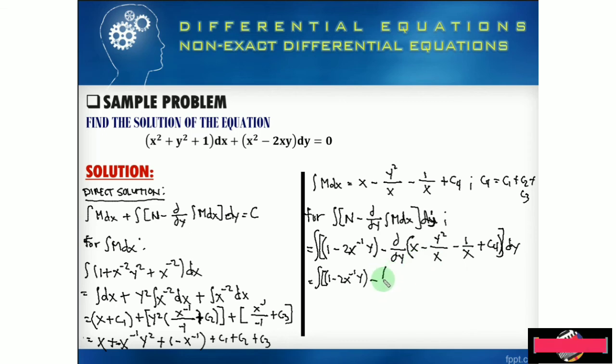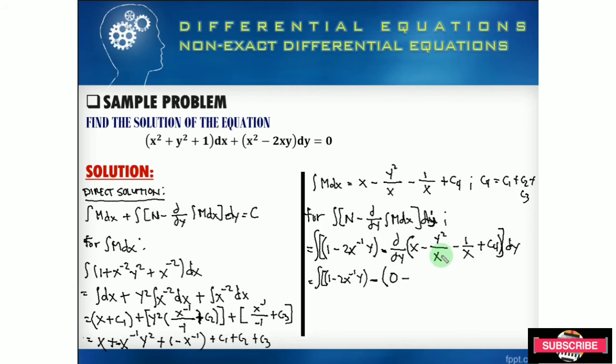So here we just remain the minus sign, so we just have to distribute the partial derivative with respect to y, which in this case our y is the variable. So this is 0, and then this one, our y is the variable.